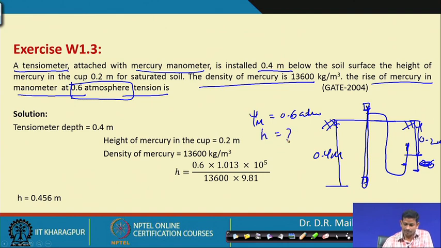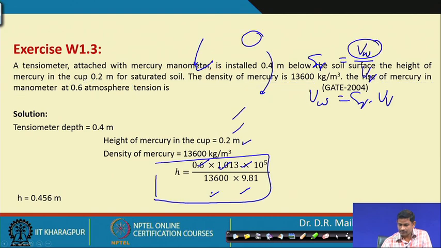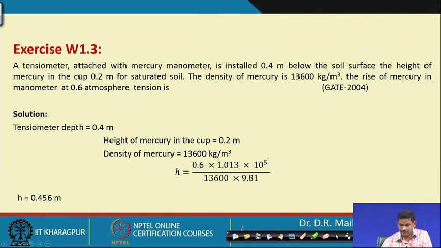So, we know the formula: P is equal to rho g h. Okay.